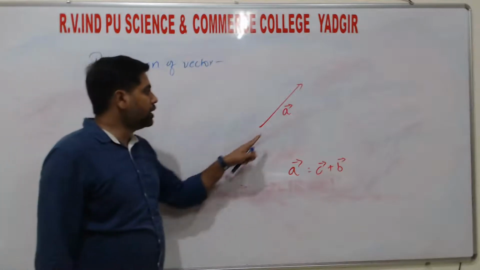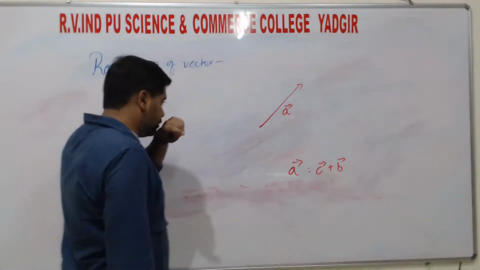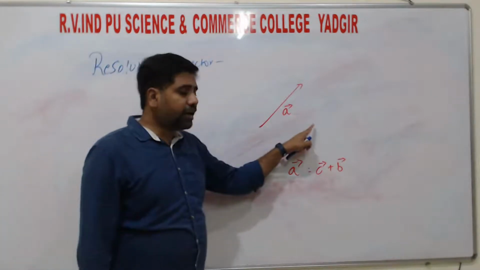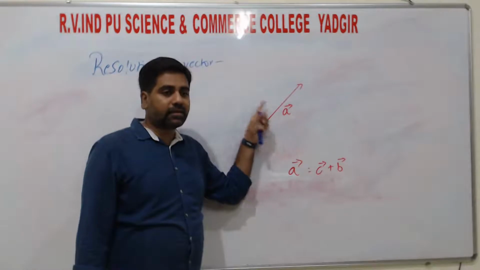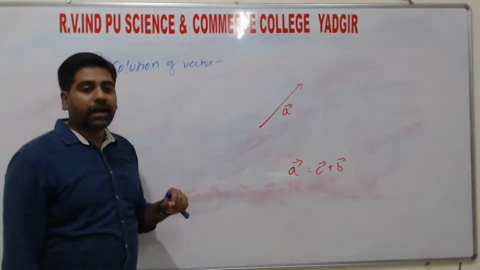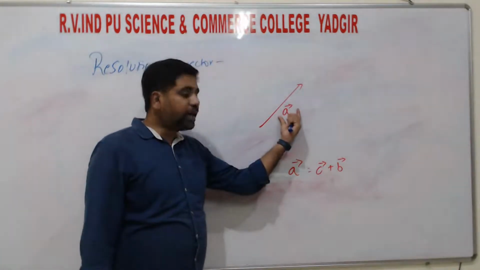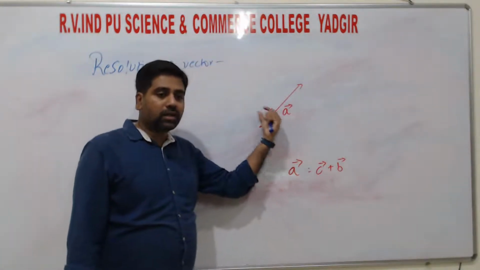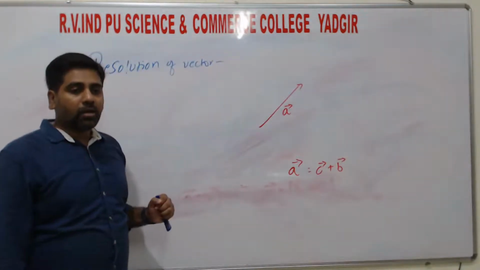So if we split this vector into its perpendicular components along the axes x, y and z, then those components are called rectangular components. If we split this vector along horizontal and vertical, those components are called rectangular components.